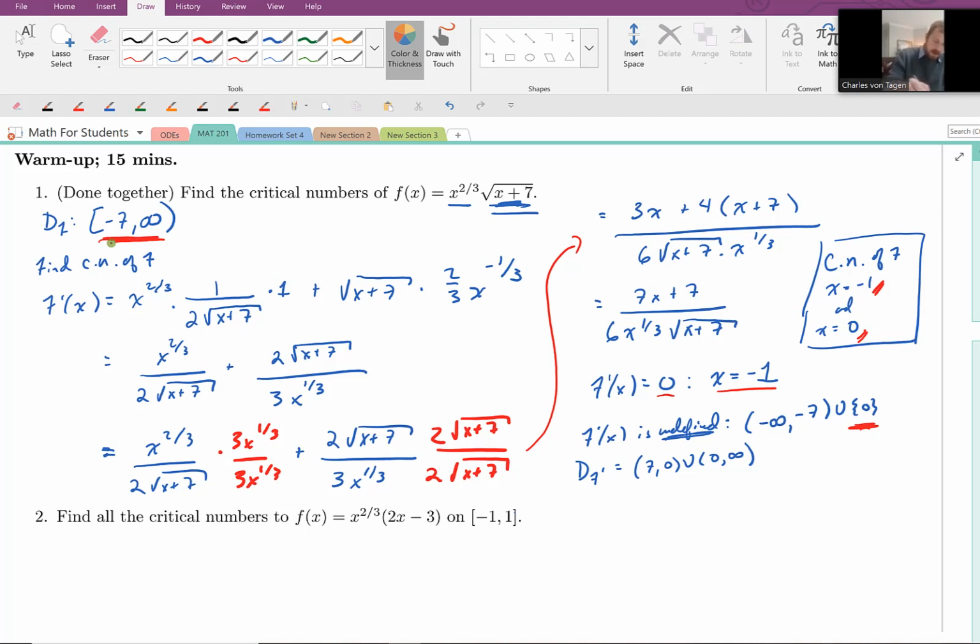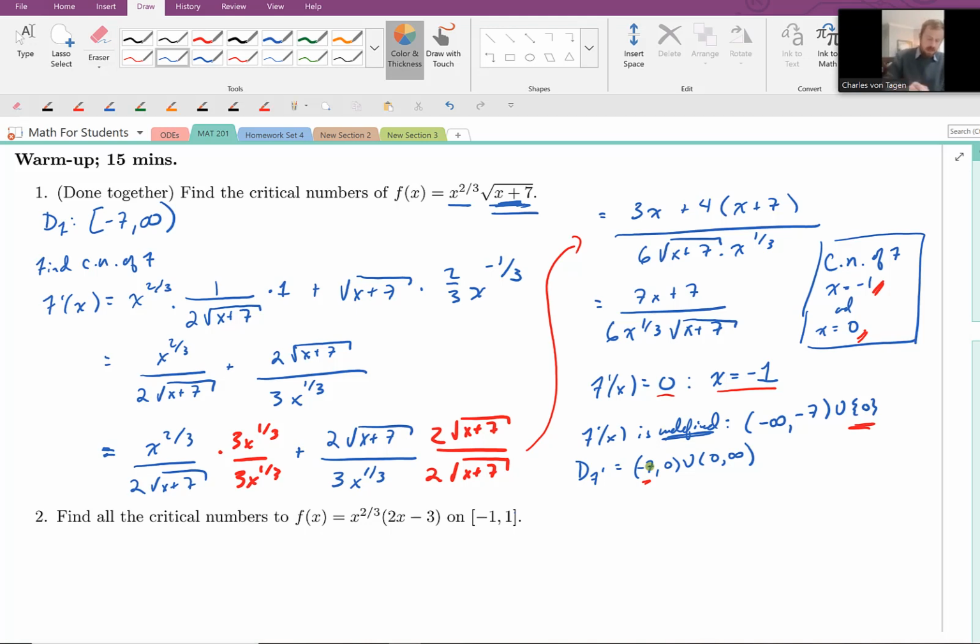What do we not get to include as a critical point? We do not get to include -7. You might have thought that -7 was a critical number, and that's not a bad guess, but I'm telling you that technically it's not. How come?